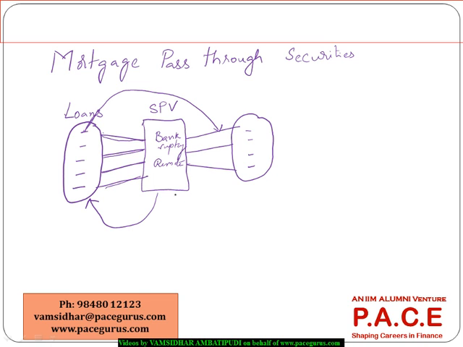And these instruments are called mortgage pass-through securities. They have some kind of government backup to a large extent.